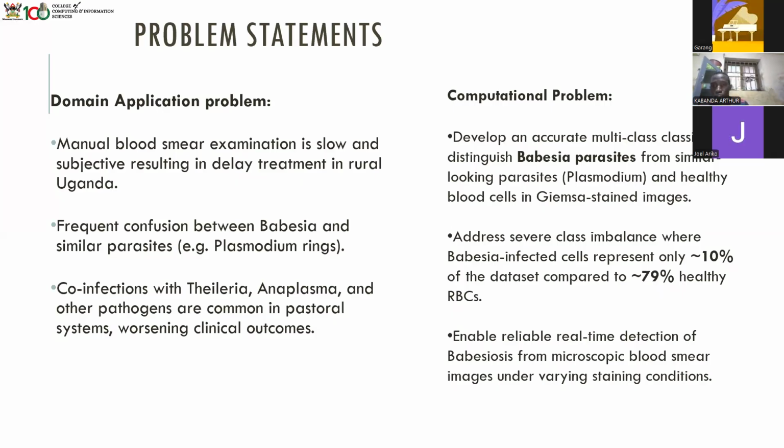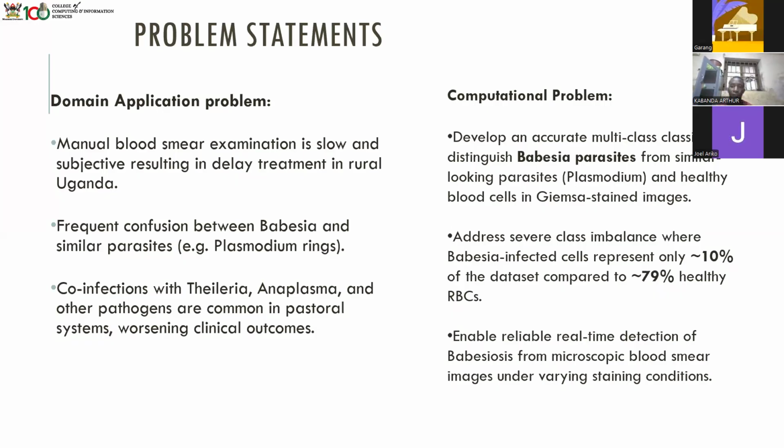Our computational application looks at the computational challenges that we are solving, the specific difficulties that the model must overcome, and our goal is to ensure that our machine learning system solves our problems. Basically, we need to develop an accurate multi-class classifier to distinguish Babesia parasites from other similar parasites, for example Plasmodium, leukocytes, and healthy white blood cells.